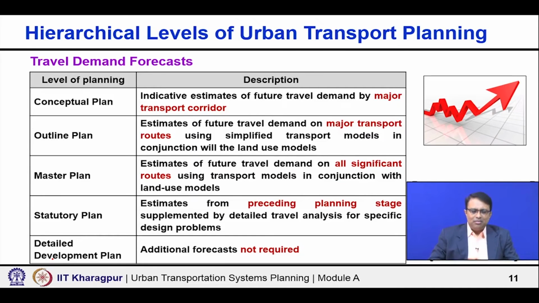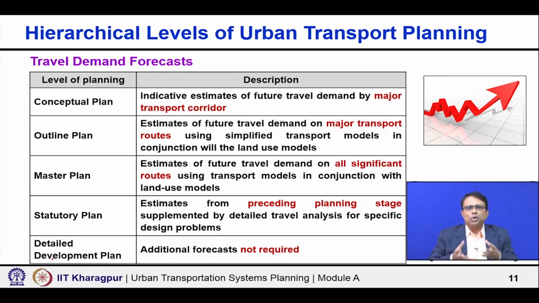Then the master plan: estimates of future travel demand on all significant routes using transport models, again in conjunction with the land use model. So, going into further detail, and when we are working on the statutory plan, there we use estimates from the preceding planning stage, supplemented by detailed travel analysis for the specific design problem.